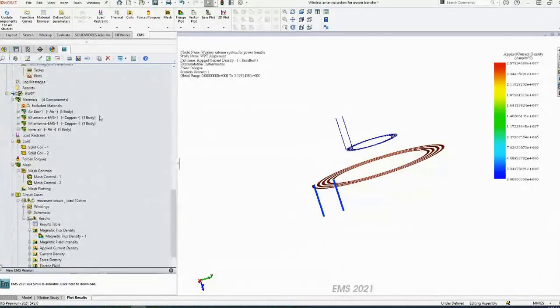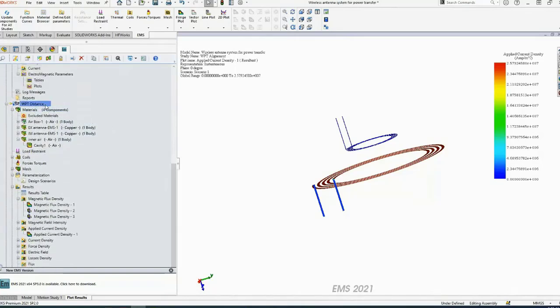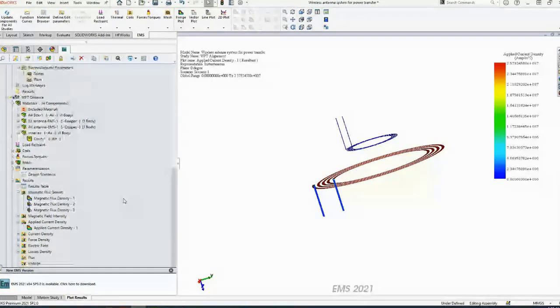Let me go to the next type of study, what we call resonance power transfer. Resonance power transfer was discovered or suggested by MIT research in 2008, and now it's becoming the standard. Let me hide this.